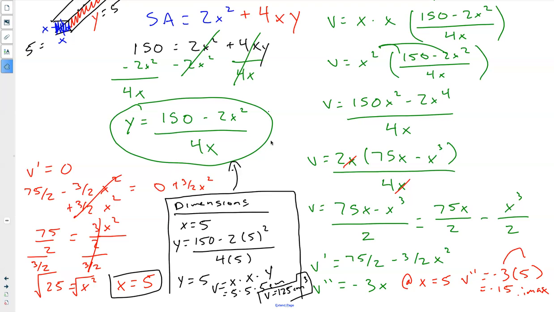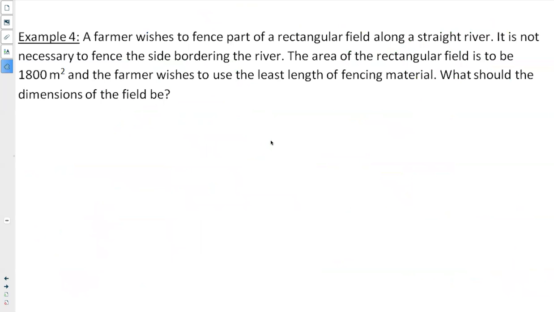All right, moving on. Okay, so a farmer wishes to fence part of a rectangular field along a straight river. It is not necessary to fence the side bordering the river. Okay, so there's just a little drawing there.